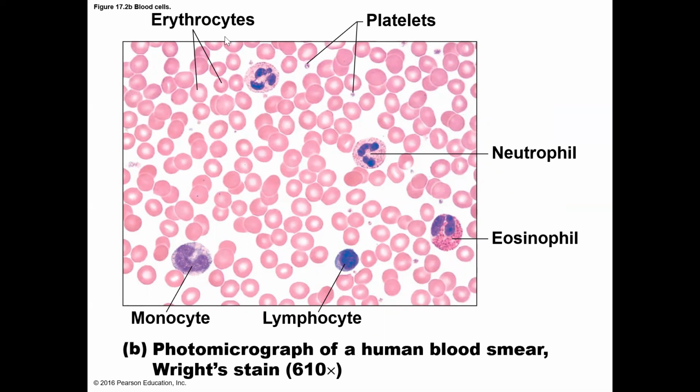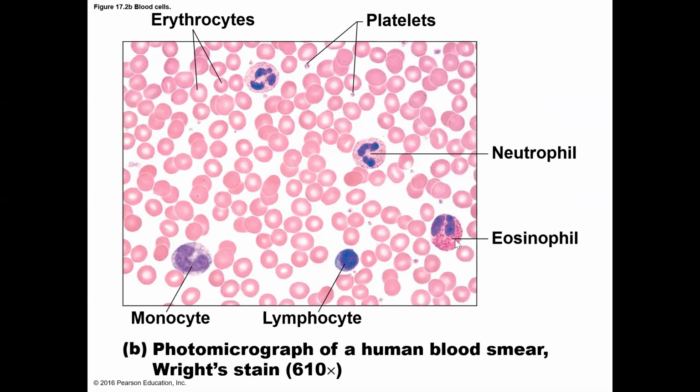These are the erythrocytes, or red blood cells. The other cells are white blood cells, different types. For example, here, this is a neutrophil. See, it has a horseshoe nucleus in the middle.